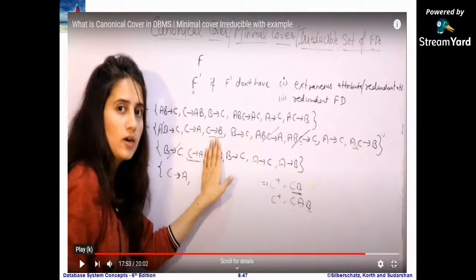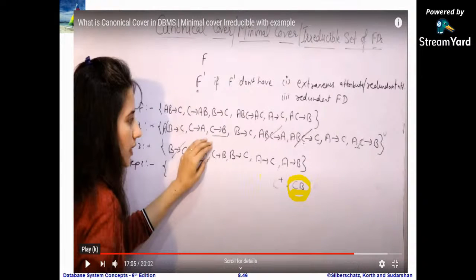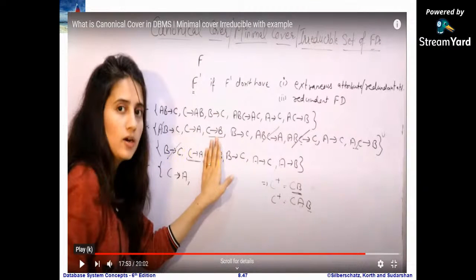Now we will process the second one. What is the second one we are processing now? C tends to B. C tends to B means you have to hide C tends to B. Now, whatever you have remaining, you have to calculate the value of C plus again. Why do you need to calculate again and again? Because you are hiding different information and displaying different ones.